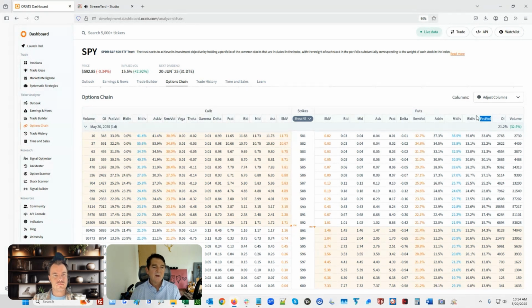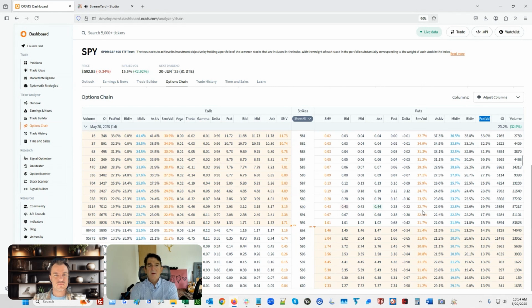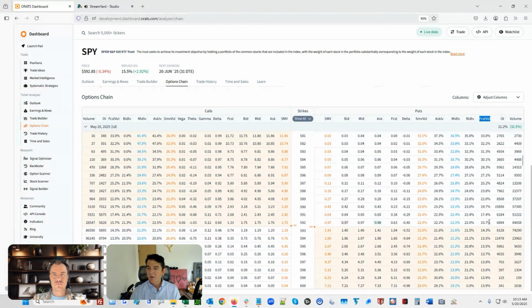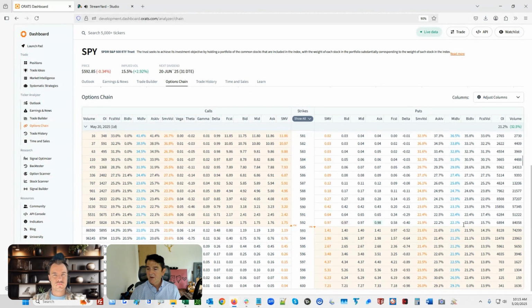Like today, the market's down a little bit, vol's up 3%. So we're saying that our forecast is below. Our forecast is 15.7, and the volatility at the S&P is 21.9, about 22. The bid-ask is about 22, 22.1.